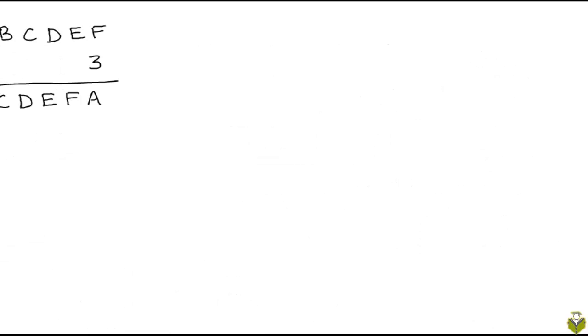Since we know that the product of this 6-digit number and 3 continues to be a 6-digit number, we can restrict the values that this letter A can represent.